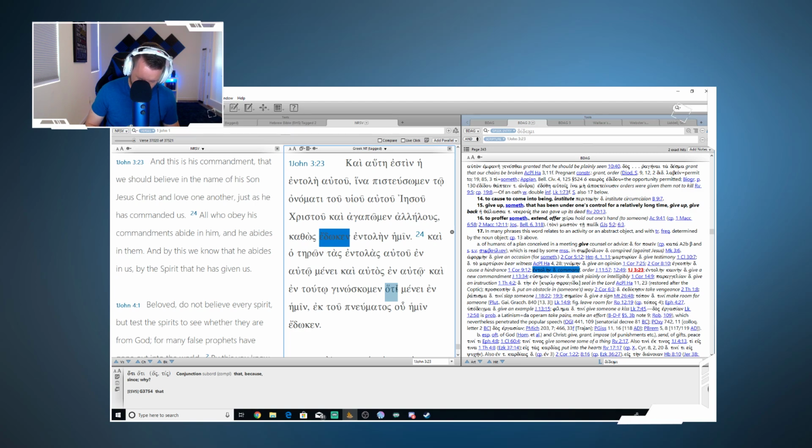Put a capital S on that. I don't think this is whom, or that, from the Spirit whom. I guess it would be that because it's neuter. That he gave to us. This is a dative, plural.